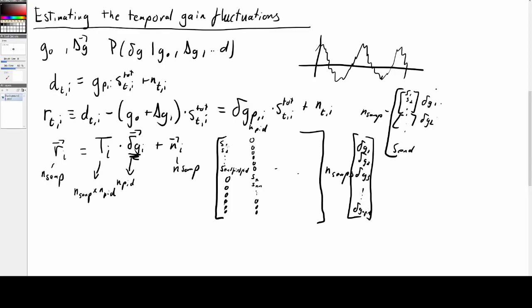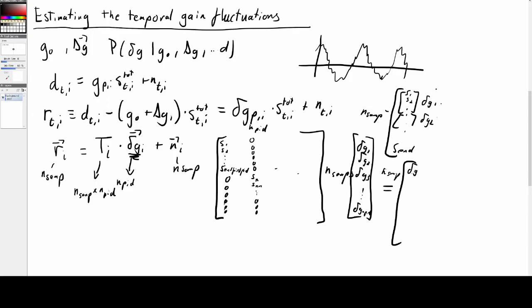And so what we end up with is then an n_samp sized vector, where the first element of that vector is just s1 times delta g1 plus a bunch of zeros.